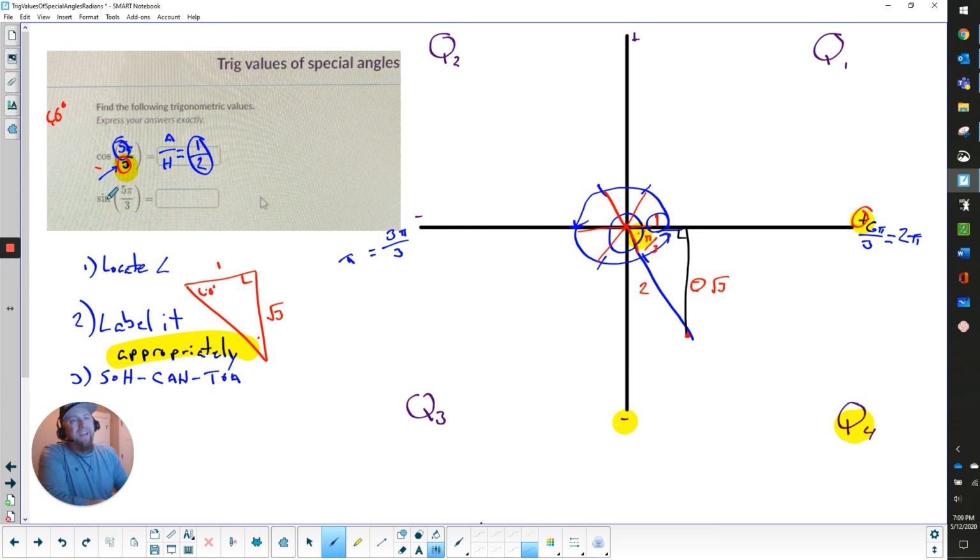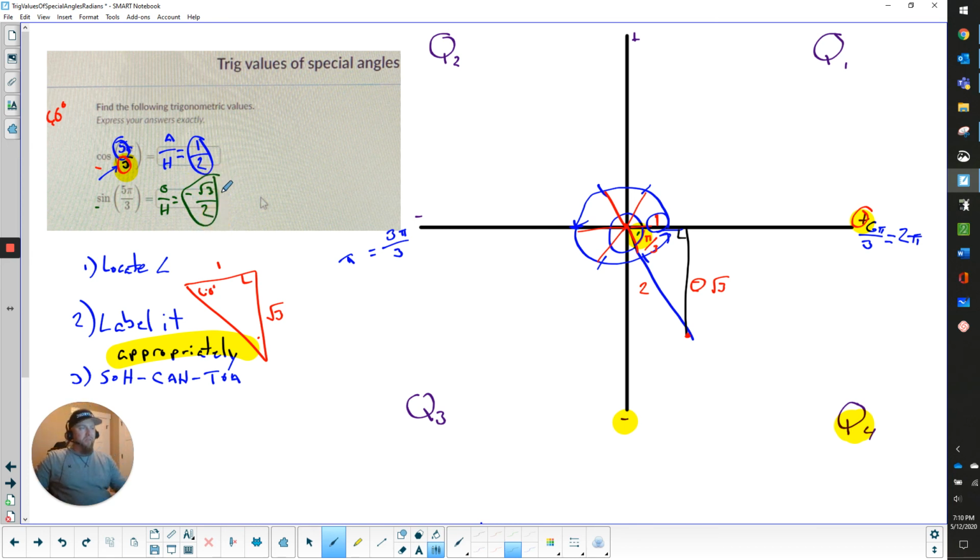All right, and then the sine, we've already got it built here, so all I got to do is recognize that the sine is going to be the opposite over hypotenuse. Well, in there, that opposite is going to be negative root 3. Again, we get the sine from page 1 of these notes. Negative root 3 over 2. Okay?